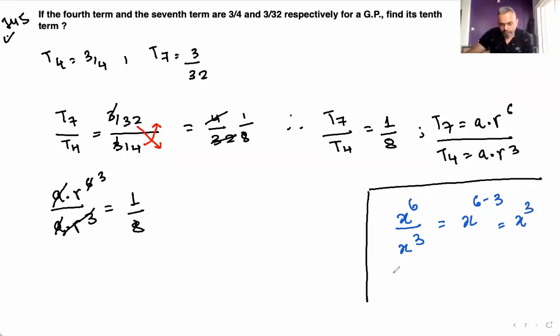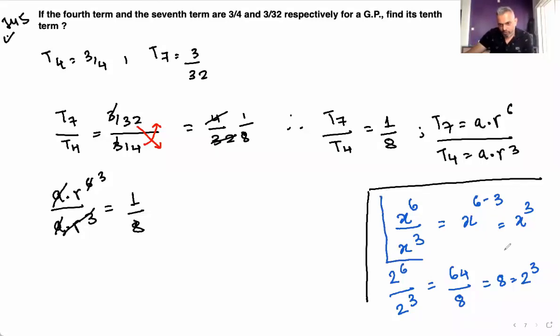Let's check. Say 2 raised to 6 upon 2 raised to 3 is equal to 64 upon 8, which is equal to 8, which is equal to 2 raised to 3. So here don't do 3 2s are 6, here you have to subtract.